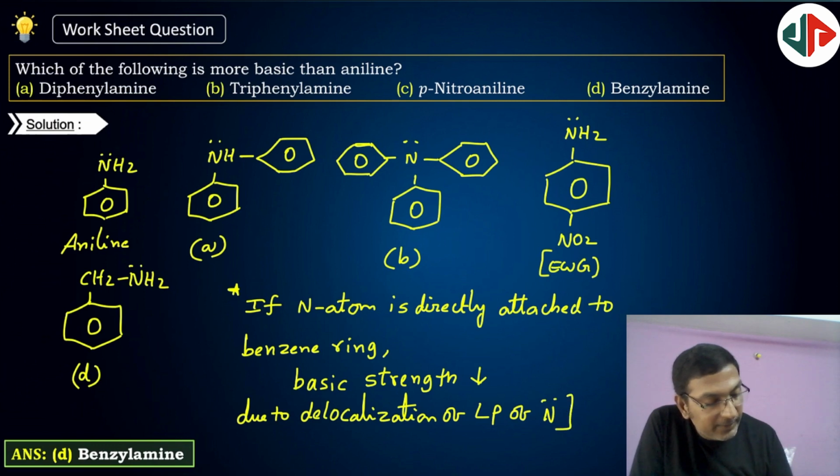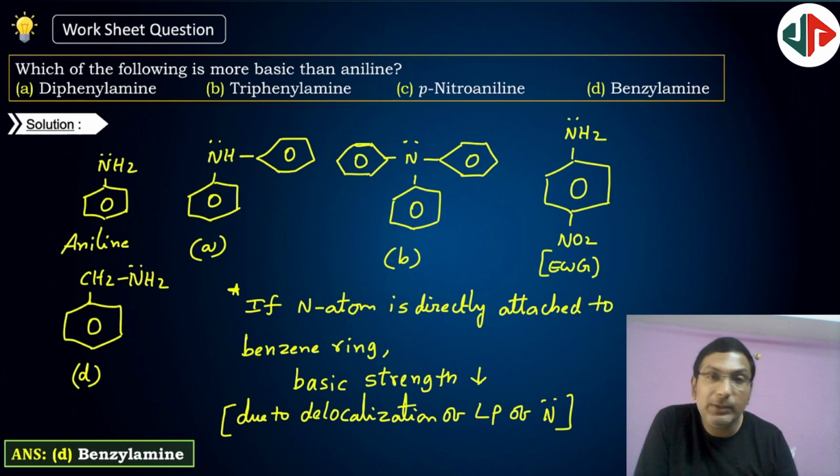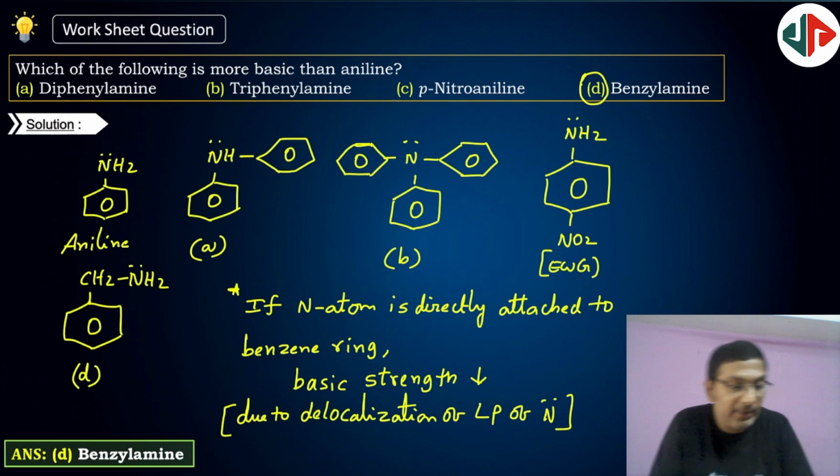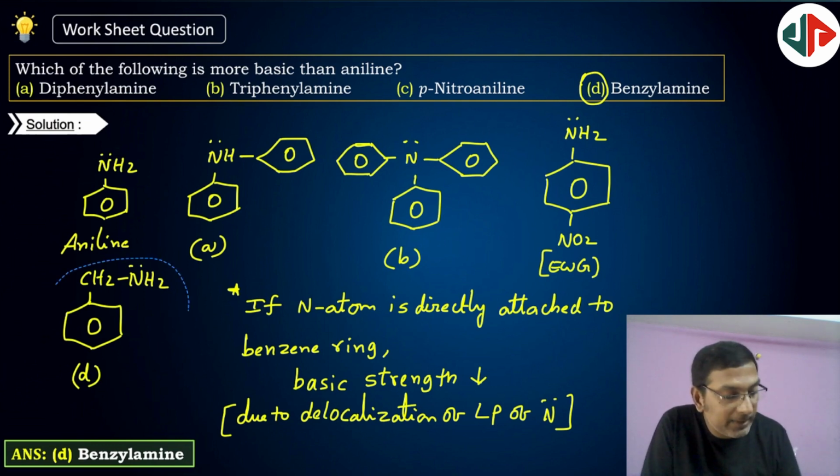Remember this point, very important. In the last option D, the nitrogen atom is not directly attached to benzene, therefore it can donate electrons easily. Therefore the most basic is benzylamine. Very, very important compound, benzylamine.